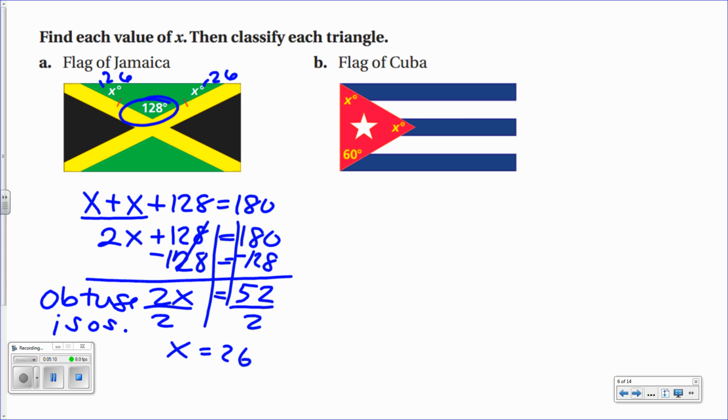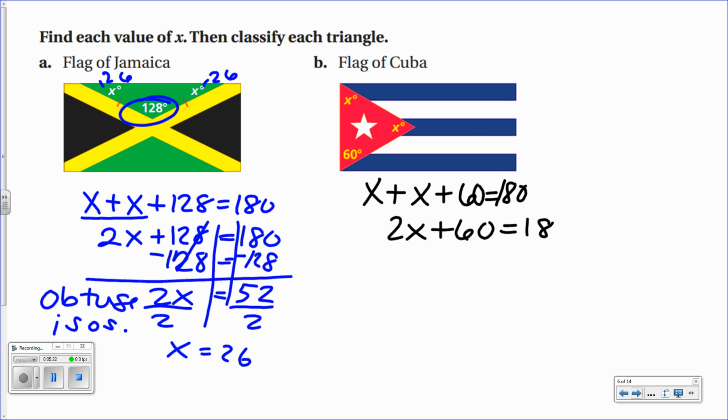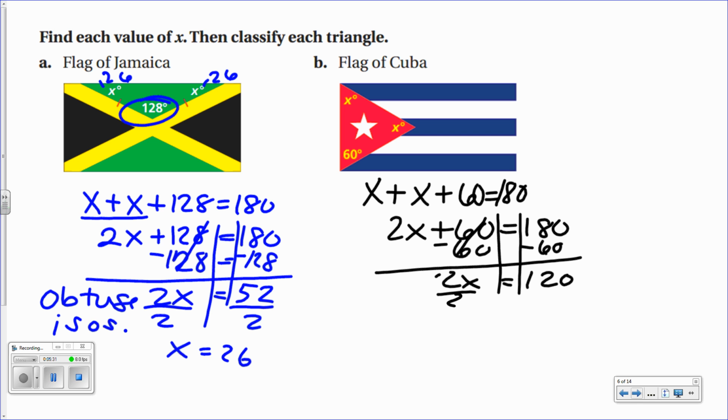And finally, we've got the flag of Cuba. Again, I've got two x's. I know x plus x plus 60 equals 180. So I know that makes two x's. Now to solve, my first step would be subtract my 60. So now I have two x's are equal to 120, and you divide by 2, and x equals 60.